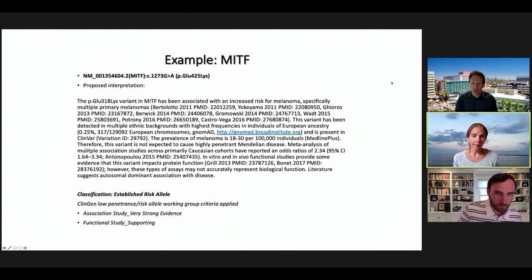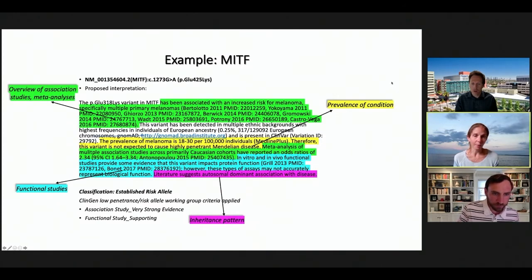So if you go to the next slide, again, the same thing as the last one, where we showed the different elements that you're looking for in evaluating this type of variant in terms of the association studies, the prevalence, functional studies, and on the basis of all of that, in aggregate, what we were coming out with was an established risk allele for this one. So this is just to show you a demonstration of the concept of how these risk alleles could be run through this framework.